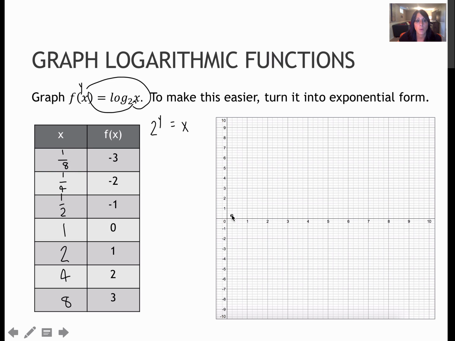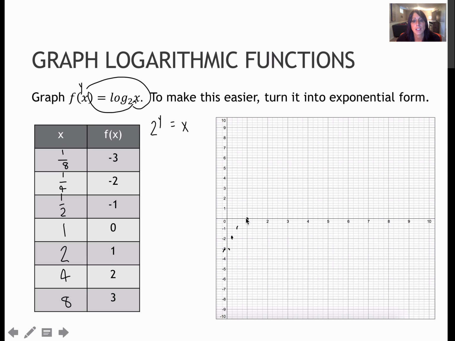So at 1/8, which is very, very close here, I'm at -3. Oops, sorry, positive 1/8. I'm at -3, forget about that one. At 1/4, which is right here, I'm at -2. At 1/2, I'm at -1.